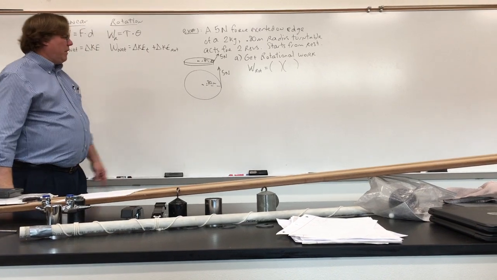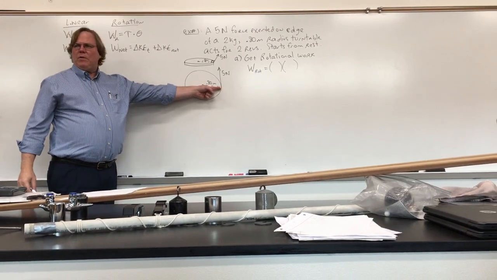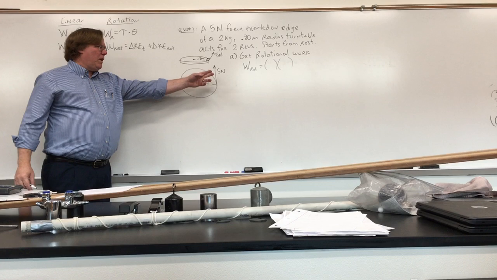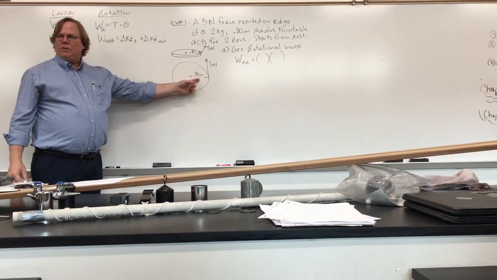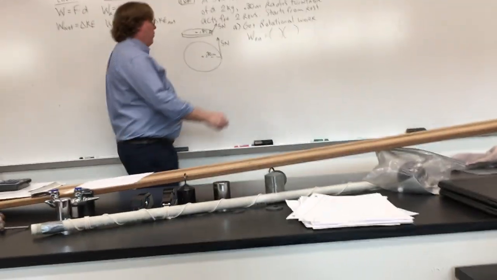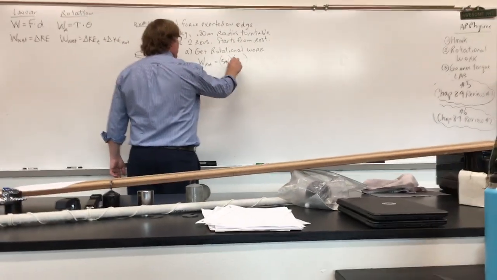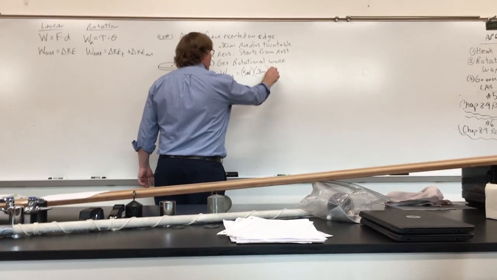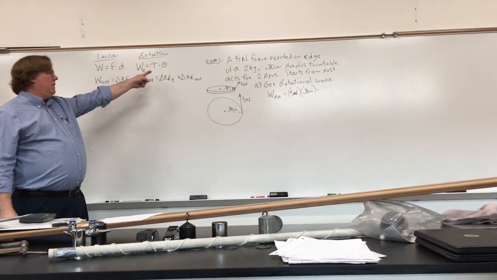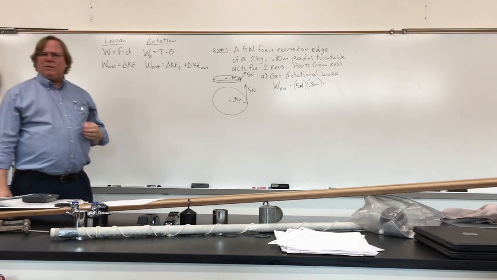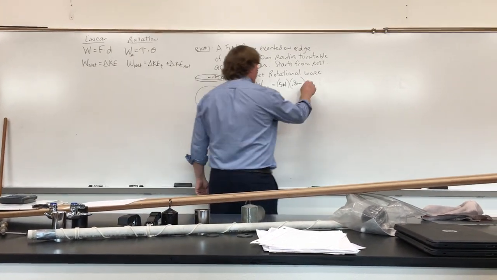I hope you see that torque is force times lever arm. So I've got a 5 Newton force acting at a distance of 0.8 meters from the point of rotation. My torque is going to be 5 newtons times 0.8 meters. And then the theta is easy. My angular displacement is 2 revolutions.